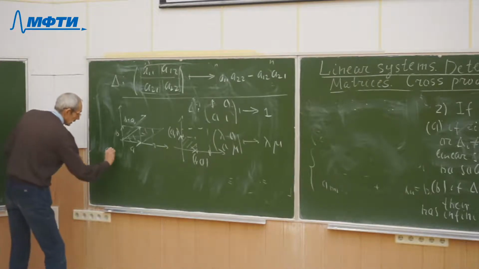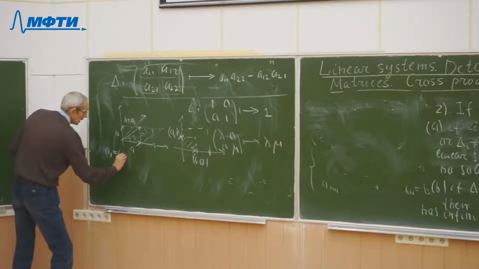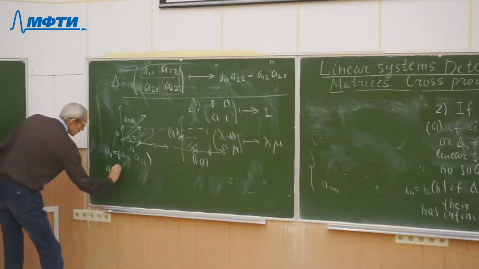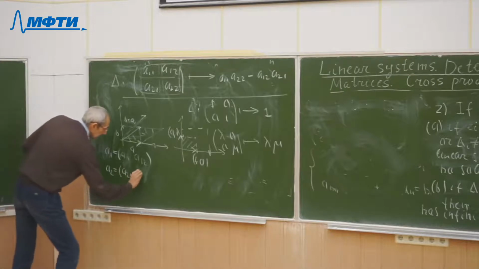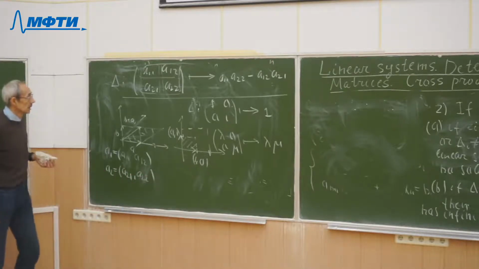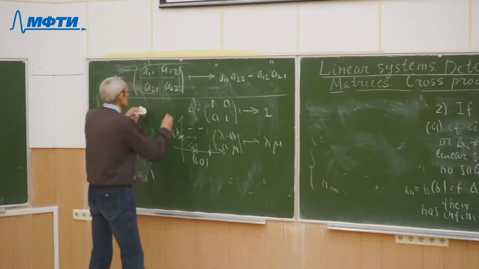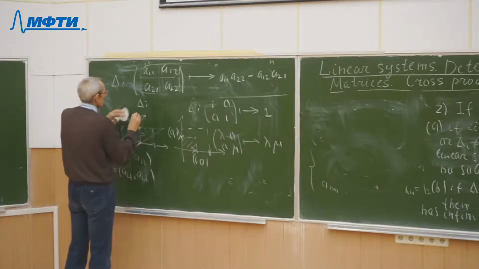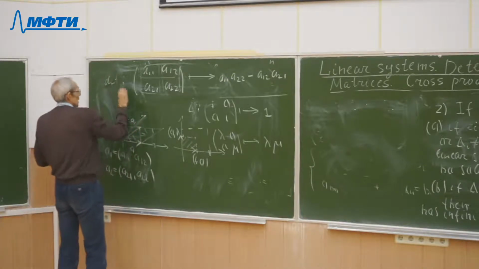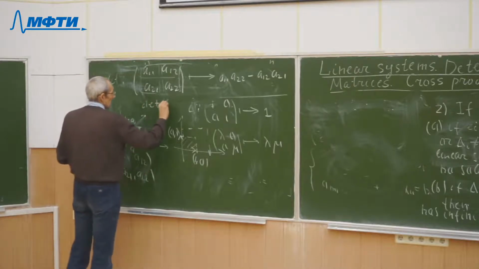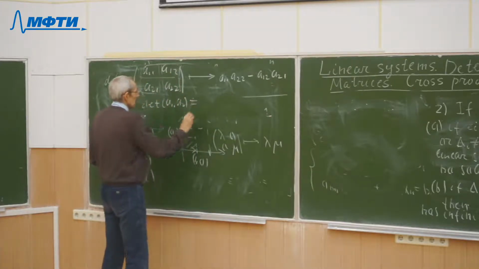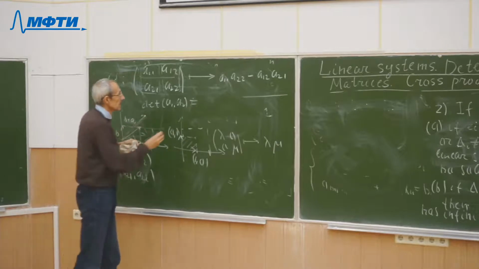Let A1 be the vector with entries A1,1 and A1,2, and A2 the vector with entries A2,1 and A2,2. And the determinant is a function defined on the rows, a function of A1, A2, which is defined by the following formulas.